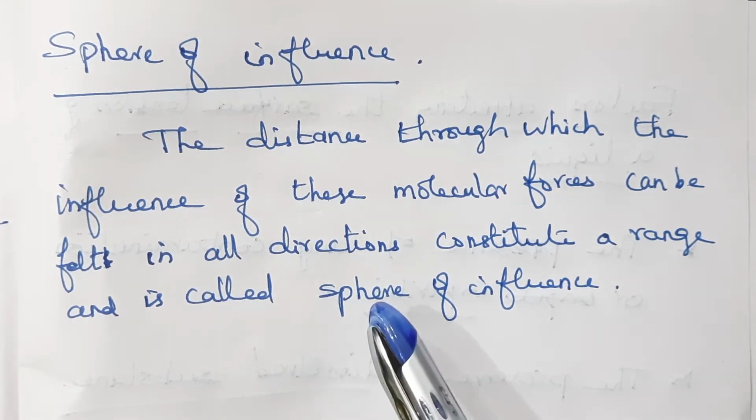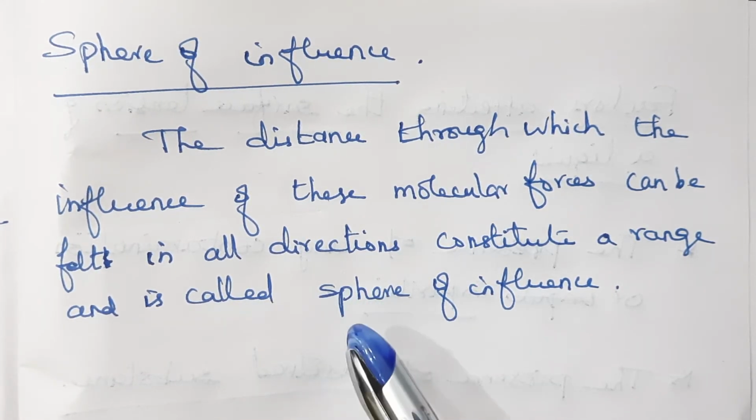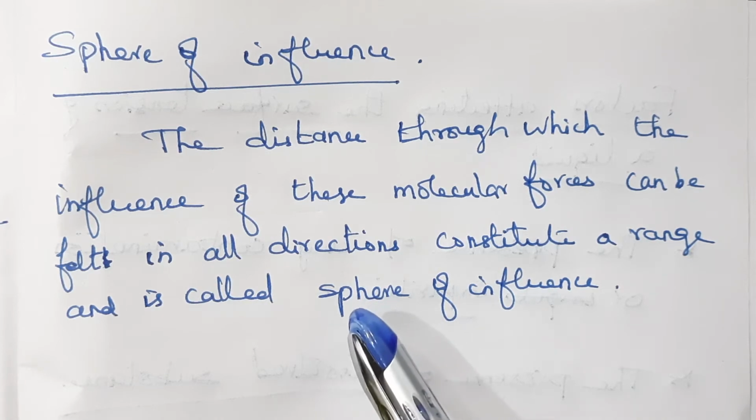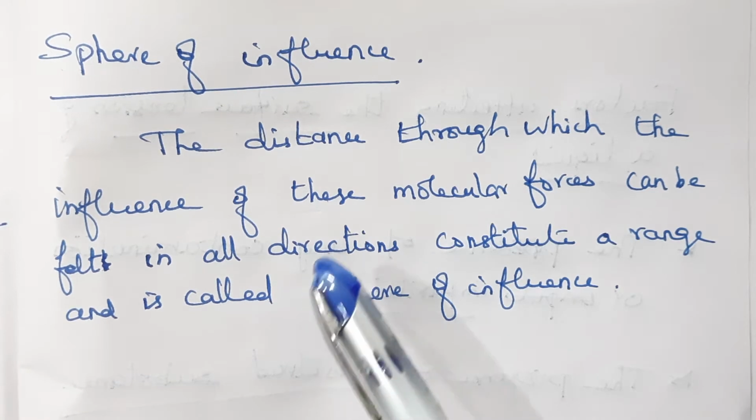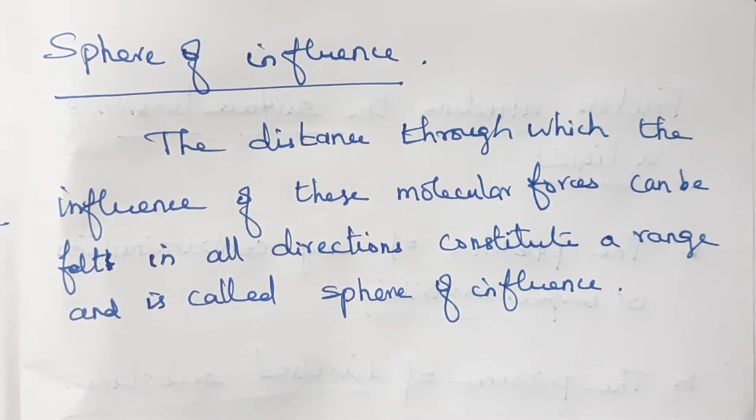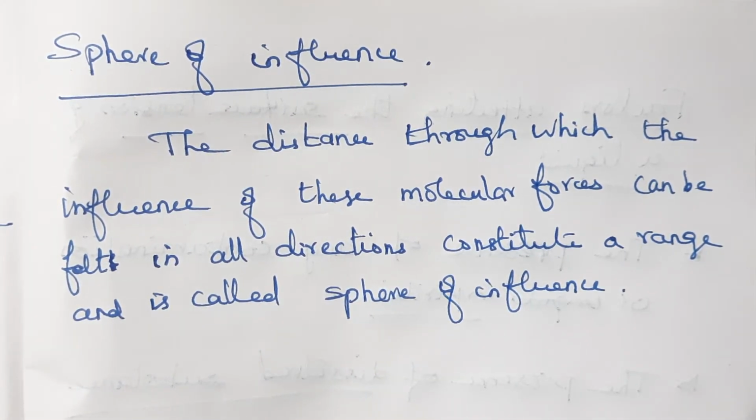Around the molecule, the range at which the molecular forces are effective we can call a sphere of influence. So these are the terms we have to understand: cohesive force, adhesive force, the range when the intermolecular forces will be effective, and sphere of influence.